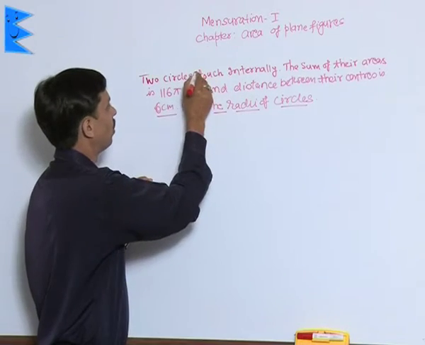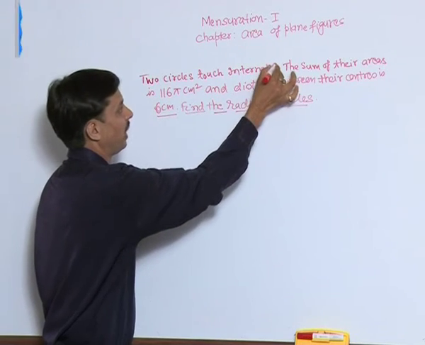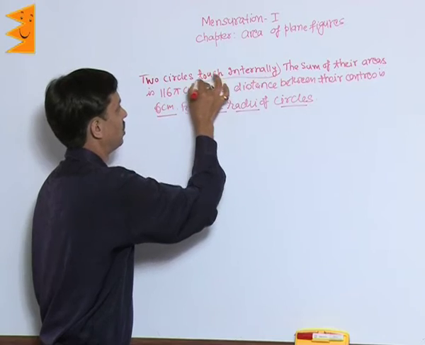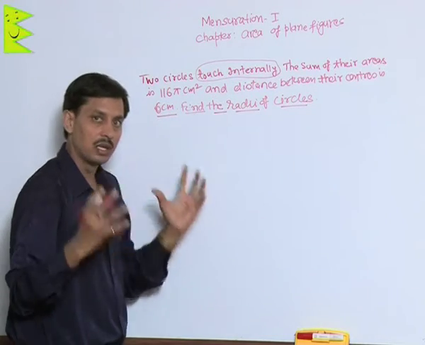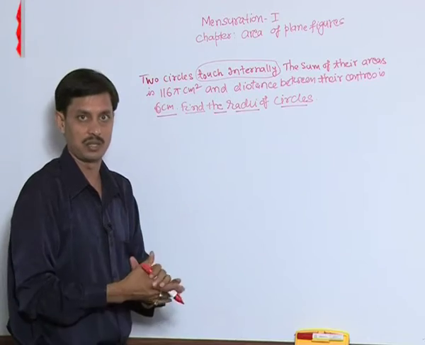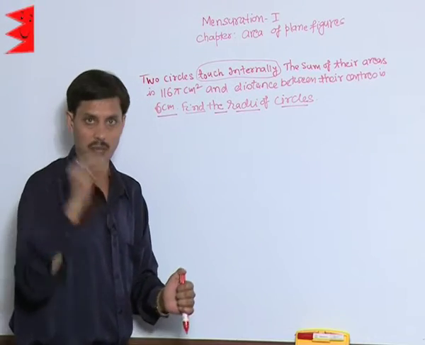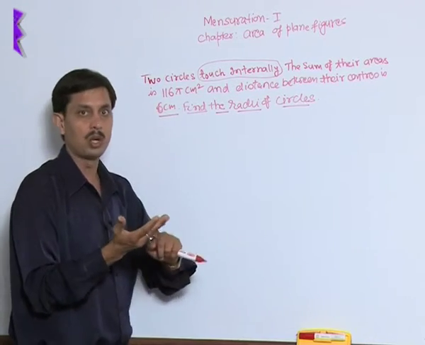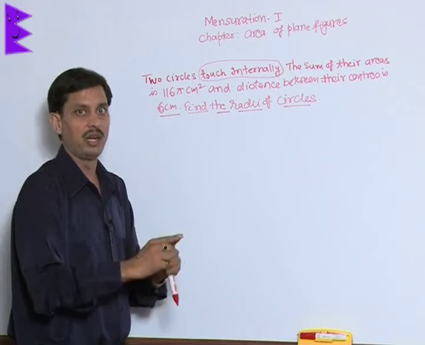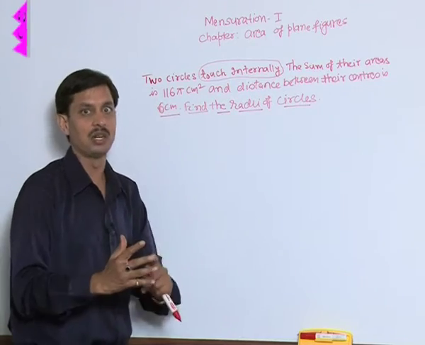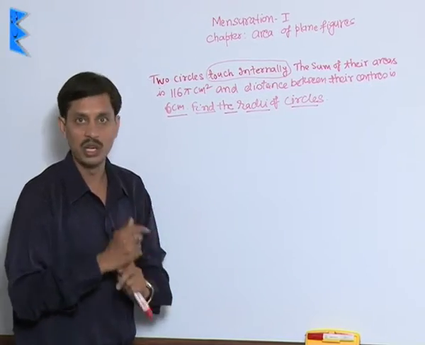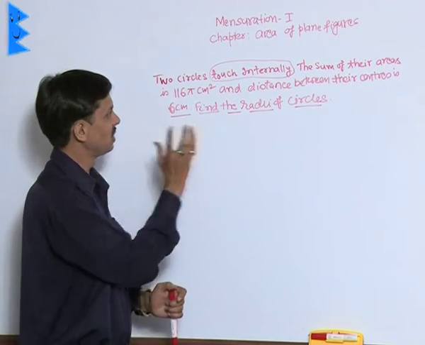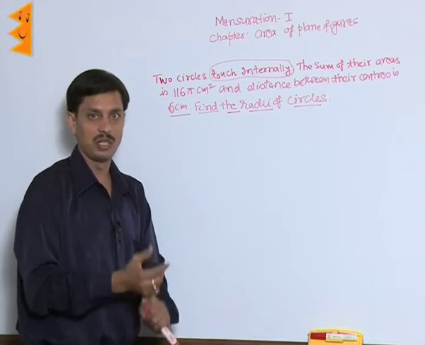First of all, I want to explain what happens to the distance between the centers when two circles touch externally and internally. You need to always remember that the point of contact and the two centers of the circles, whether they touch internally or externally, are always collinear. Number one, this is the concept of locus, always required.